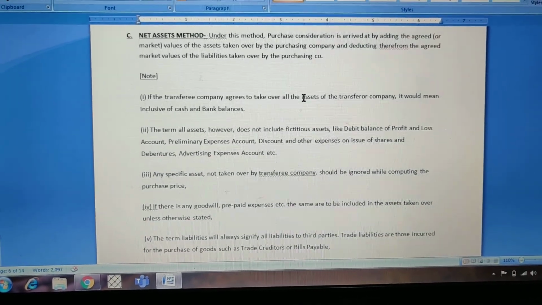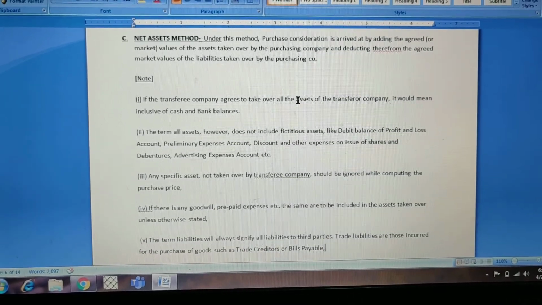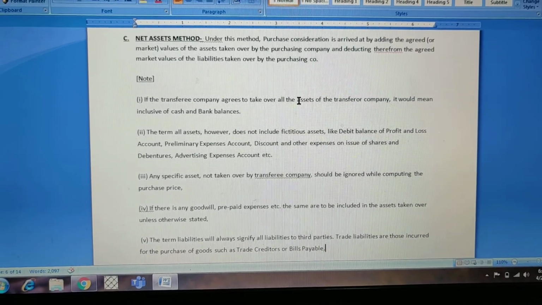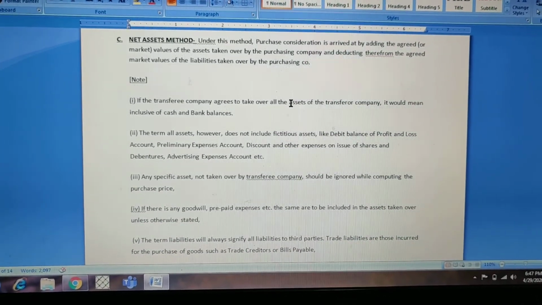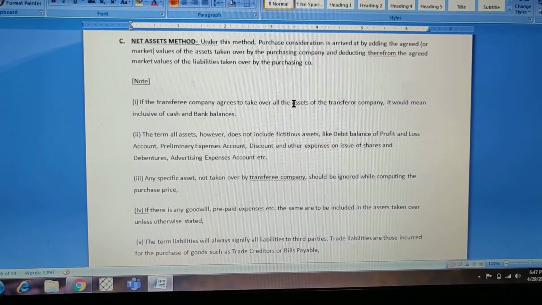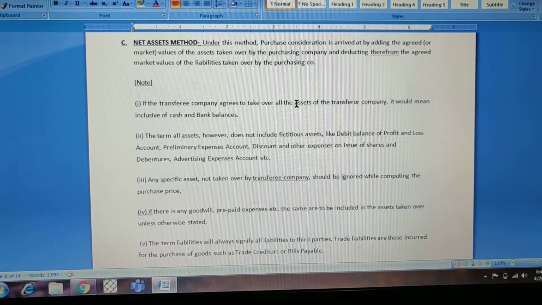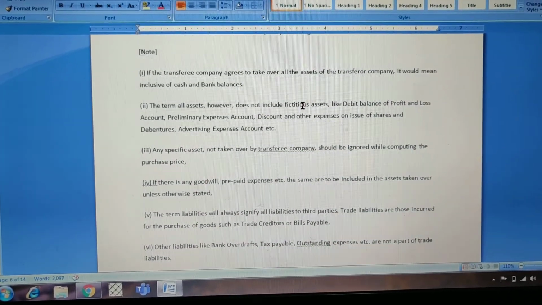But all the 5 conditions must be fulfilled for it to be a nature of merger. Clear? So purchase consideration is arrived at by adding the agreed or the market value of the assets taken over by the purchasing company and deducting therefrom the agreed market value of the liabilities taken over by the purchasing company. Clear? Let's discuss some notes under it.